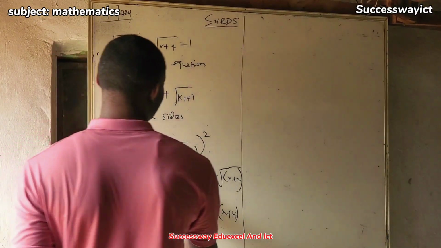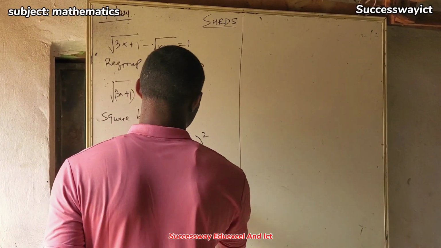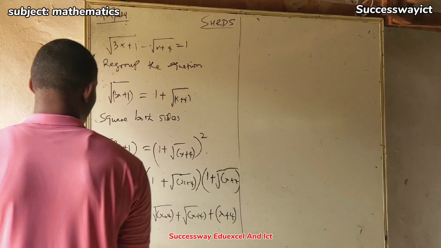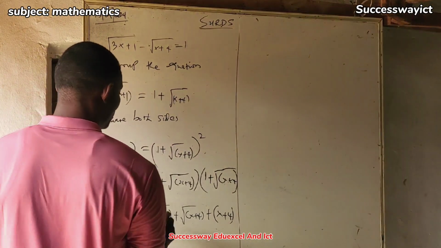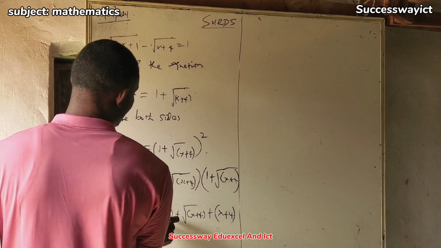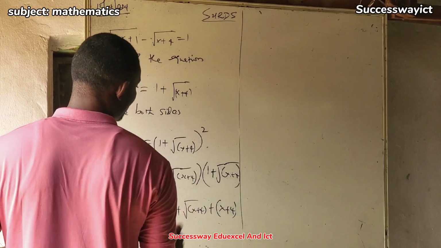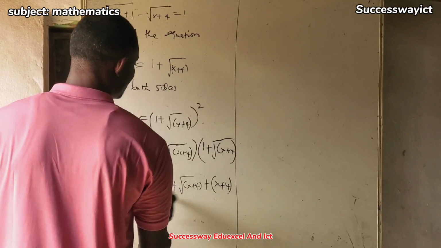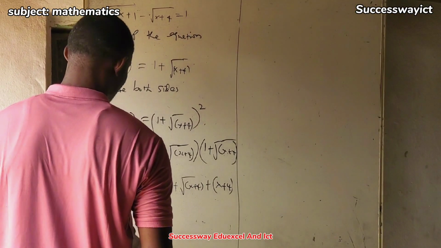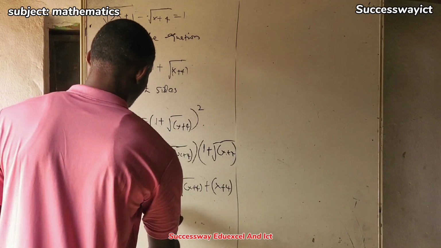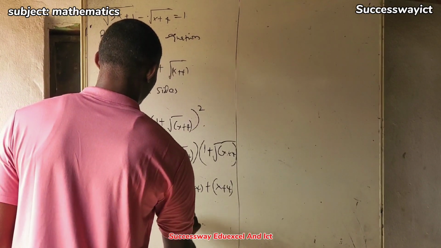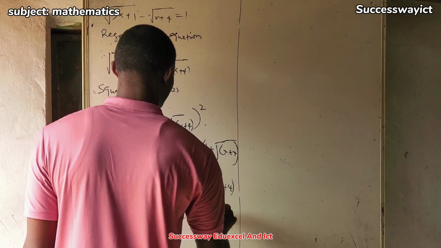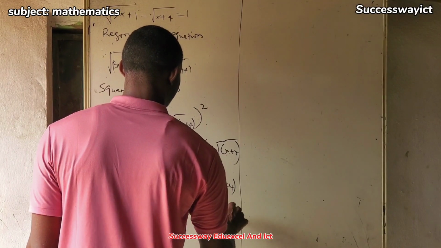Are we together? When this is multiplied by this, the square of the square root is just x plus 4. So this is equal to 1 plus square root of x plus 4 plus square root of x plus 4 plus x plus 4. This plus this is 2 root x plus 4, plus x plus 4.